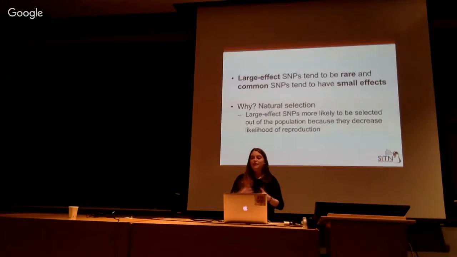And so if a SNP exists that causes a really, really bad health effect, it's not going to make it to being common, because the people who have it are not going to have children as much as the people who don't have it. And so that actually turns out to have a pretty pronounced effect on the distribution of different versions of SNPs that we see in the population.